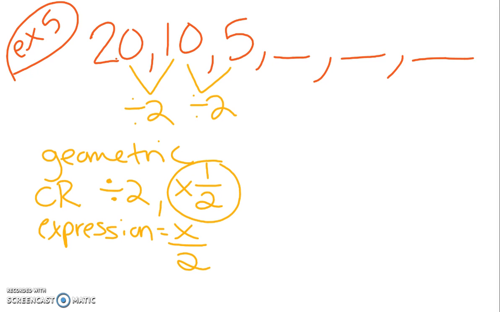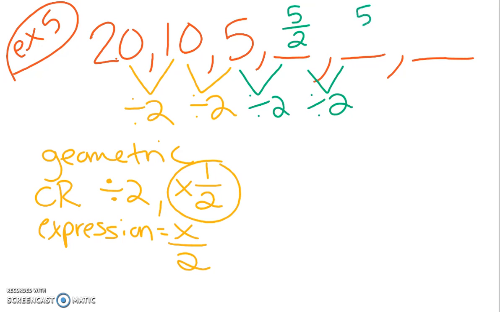Then divide by 2 is 5/2, or 2.5. Divide by 2, let's see. Sorry, I'm having a brain fart at the end of the day. So 5/2 divided by 2 is 5/4. And divide by 2 would give me 5/8.